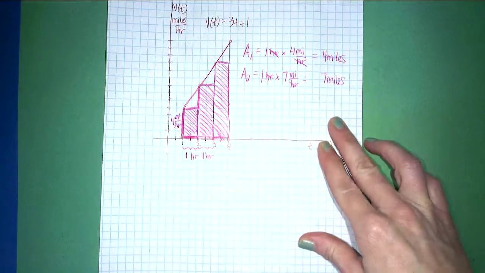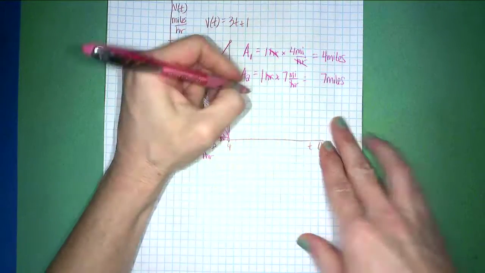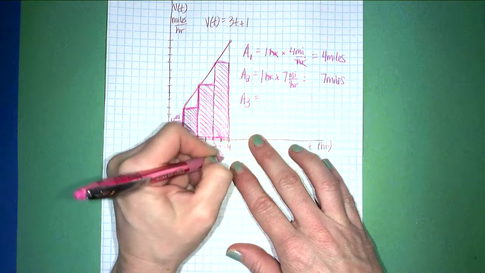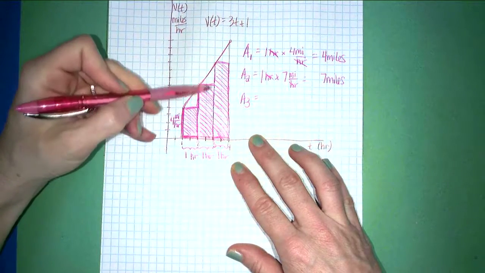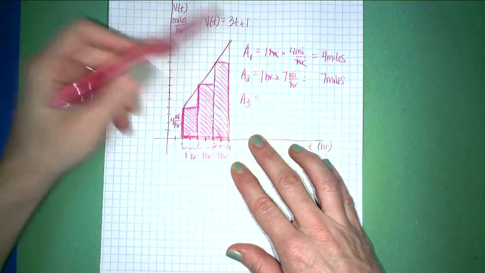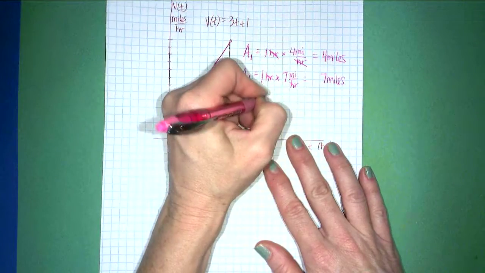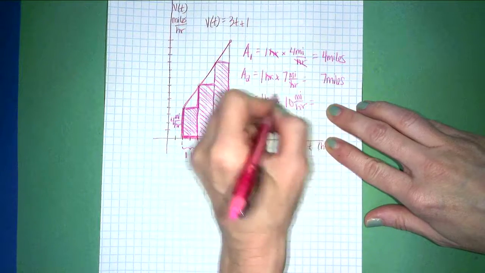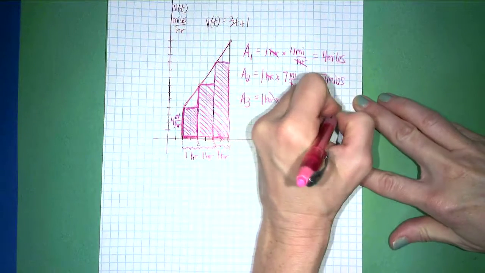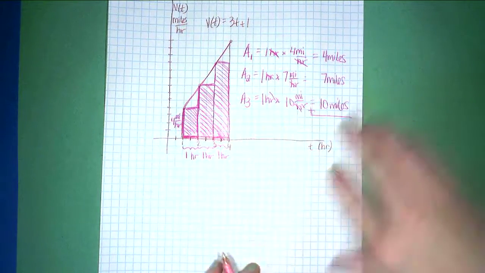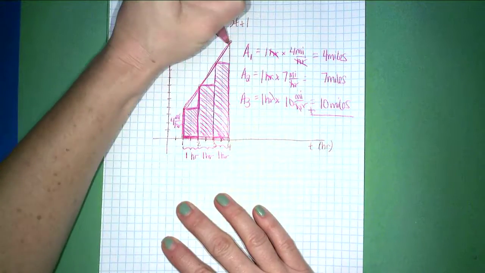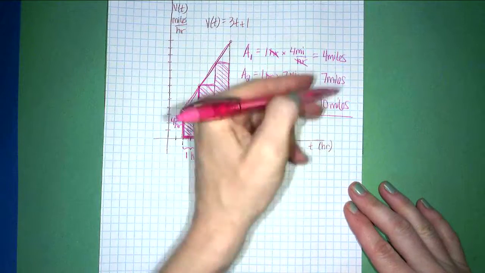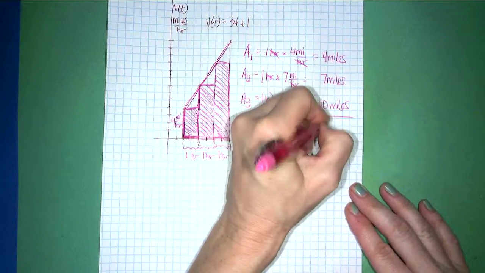And finally, area 3 is another hour times this height, v of 3, which is 10. So 1 hour times 10 miles per hour is 10 miles. If I add these together, this car traveled 21 miles in that time frame.